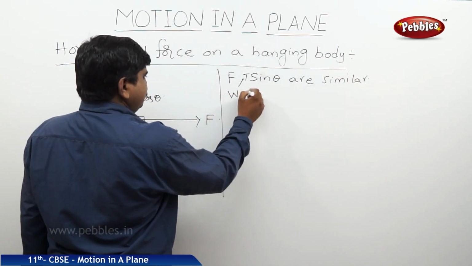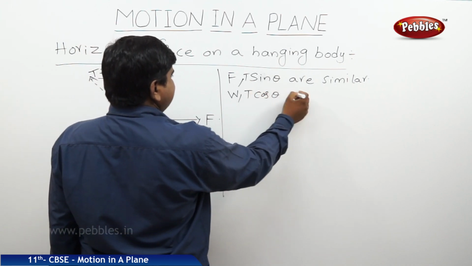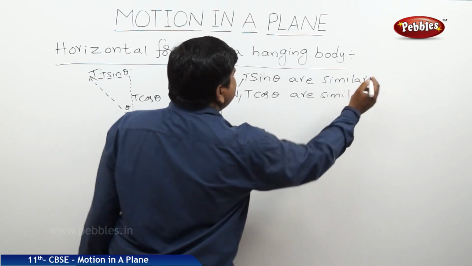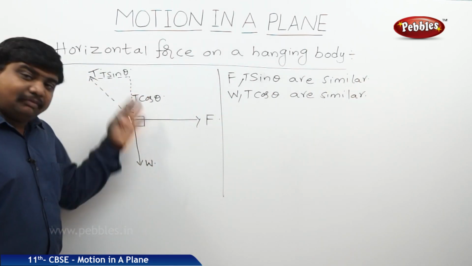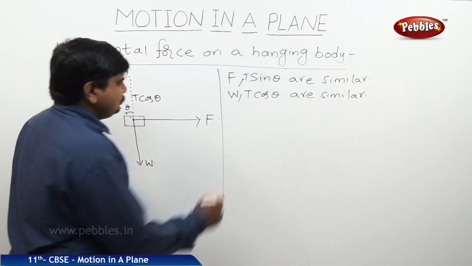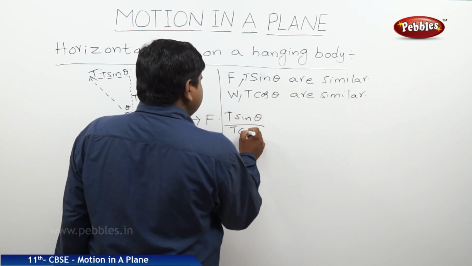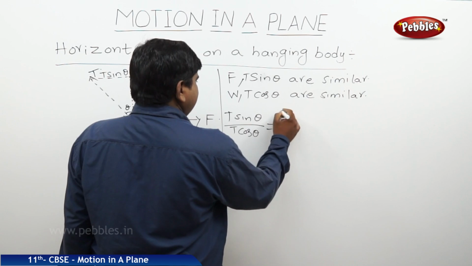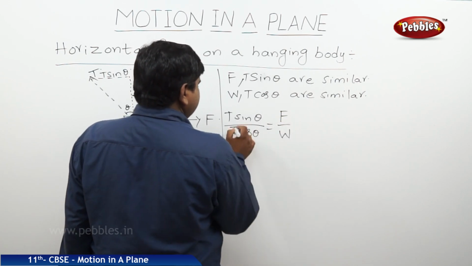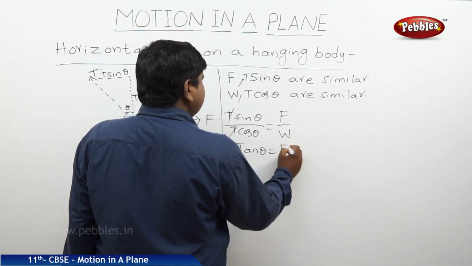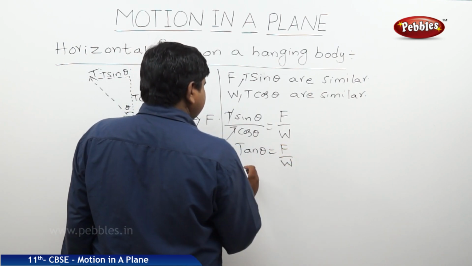W and T cos theta are similar. Similar means they are equal amount of forces which is acting on the body from either ends. So, T sin theta by T cos theta is equal to F by W. T gets cancelled. Tan theta is equal to F by W.